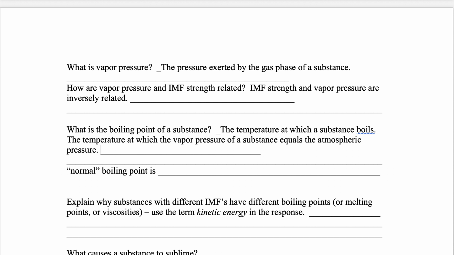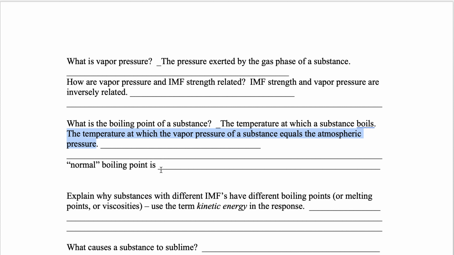There will be a gas bubble form right down in the water, and up it will go, and voila, boiling occurs. So that's the temperature at which the vapor pressure of a substance is equal to the atmospheric pressure.